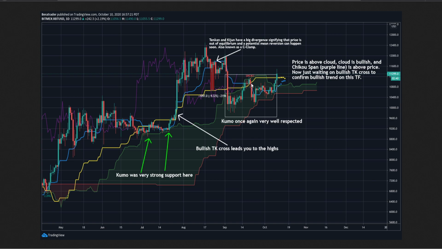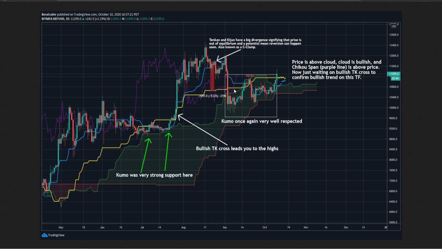Over the course of the next 4 days or so, we moved from about $10,900 when I got the short entry all the way down to the other side of the cloud, about 10,200 if I remember. Got a bounce, and we spent the next several days kind of consolidating within the cloud before we got a move out of it.